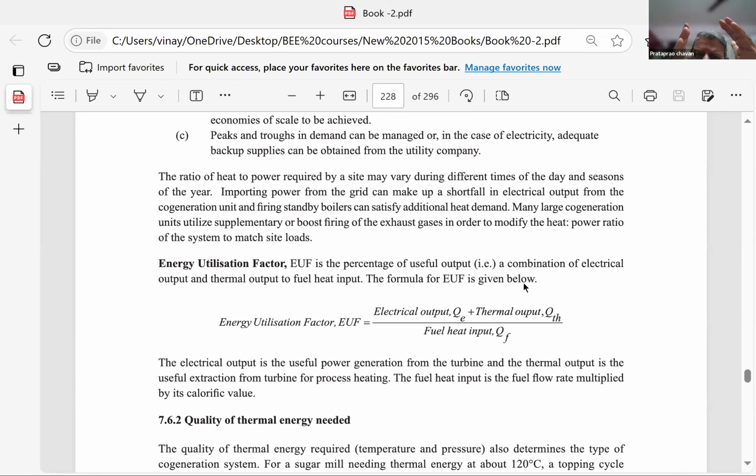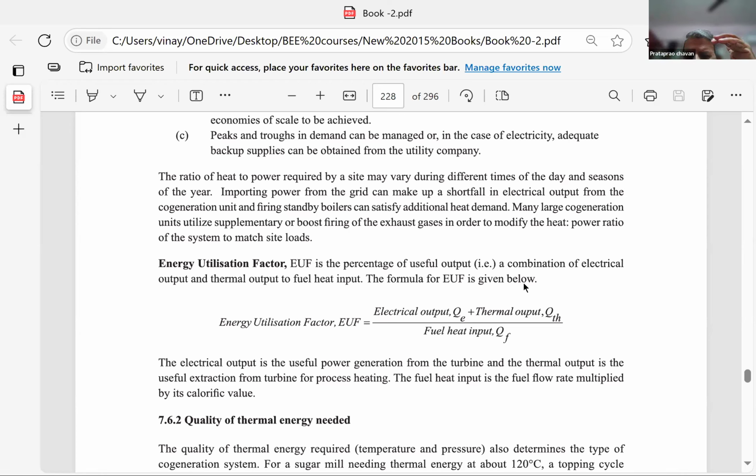But the electrical output you will have to convert into heat units. Now, what is the unit of conversion? 1 kWh power is equal to 860 kilocalories. I have told you in the morning session. So whatever is the kWh electricity generated, multiplied by 860, so much will be the heat equivalent of the electrical energy generated.